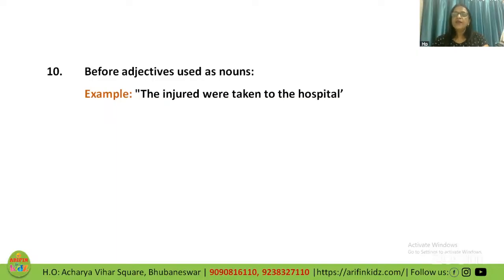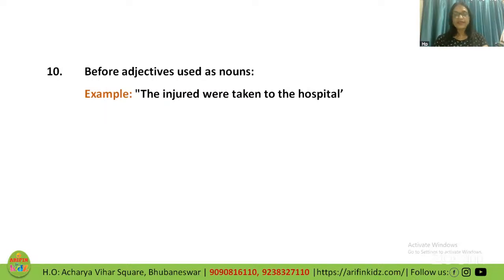Here 'the injured' actually means injured person, injured lady, injured man, injured boy. If I say injured boy, then injured is used as an adjective. An injured boy: boy is the noun. How is the boy? Injured boy. I'll say injured man: man is the noun and injured is the adjective.